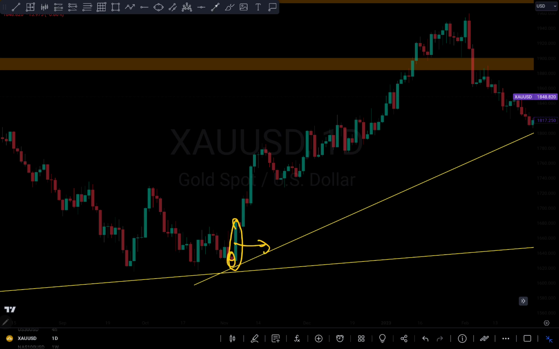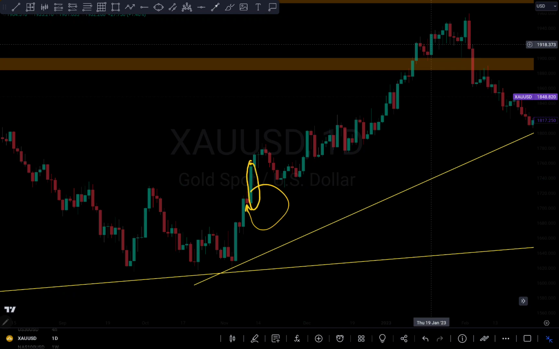This is an engulfing candlestick right here, because this candlestick closes over this one like 2 times or 3 times, right? The movement of this candlestick is like 2 or 3 times of this previous one. So that's an engulfing candle because it's engulfed it.